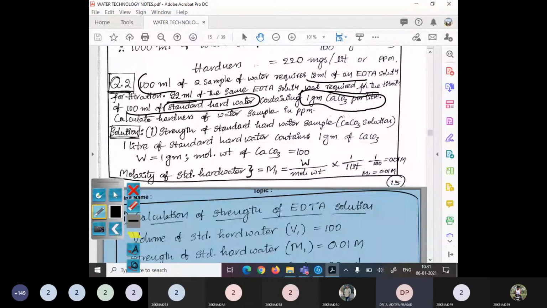So here we have two different types of water: sample water and standard hard water. So we have to do two different calculations here.